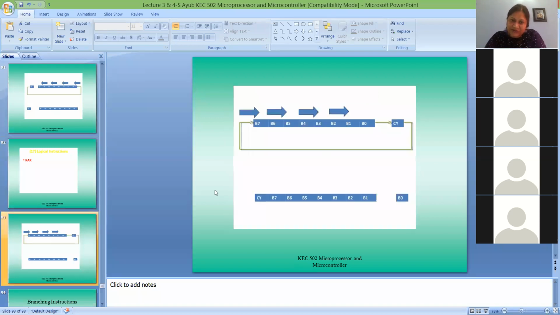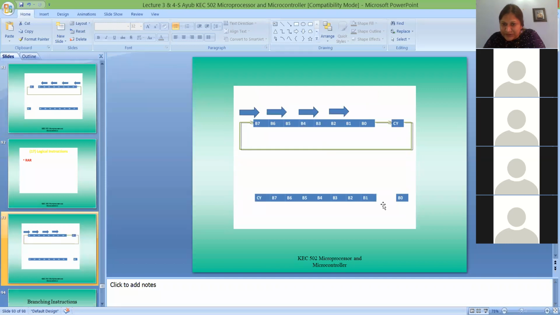Now how it works? Because you are rotating right, B1 will come over here, B2 will come over here, B3 will come over here, B5 like this, B7 will come over here, and now this position is empty. The carry flag will take over this position and your B0 will go out to the carry flag.